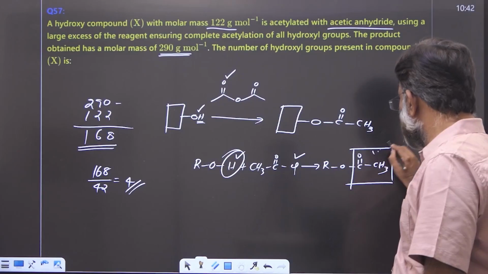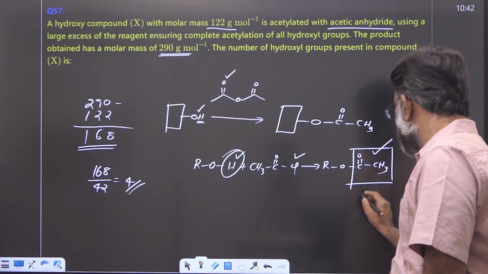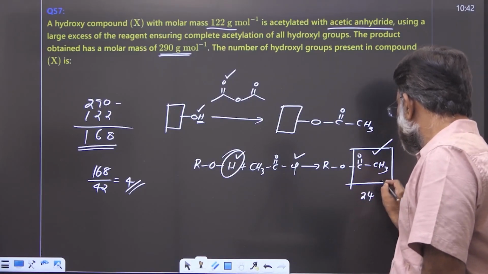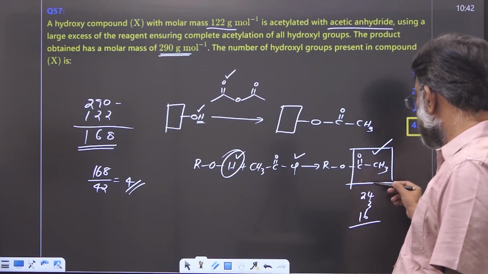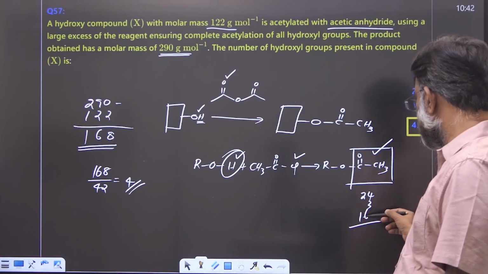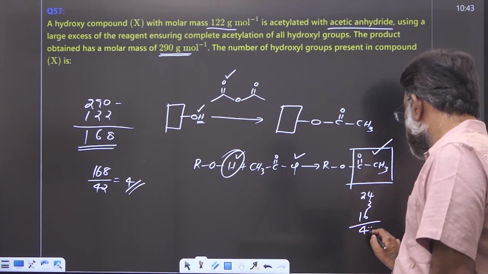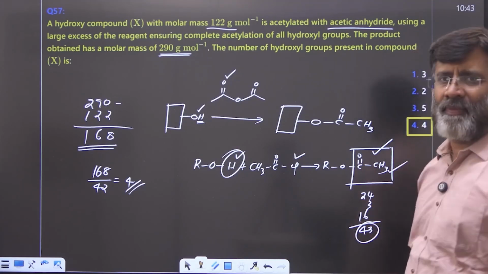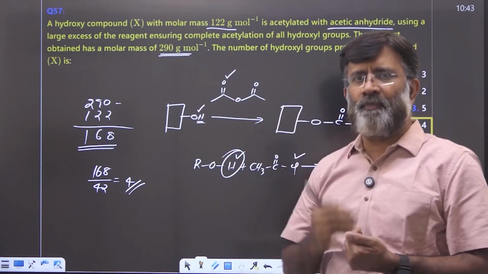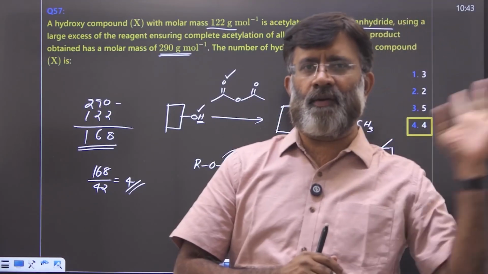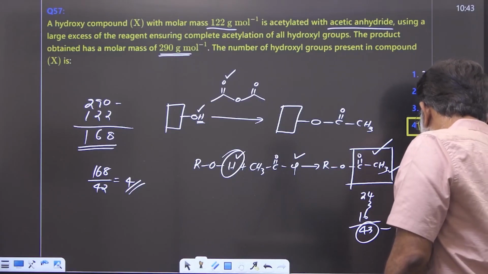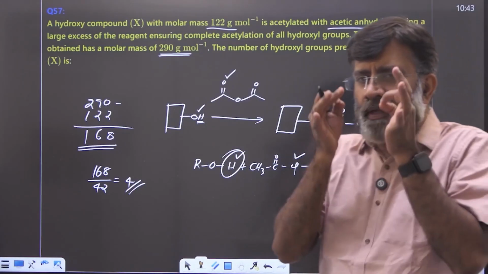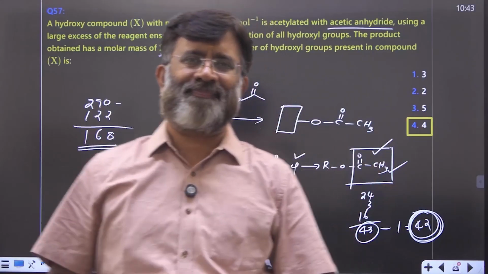What is the mass of this group? 2 carbons, 24, 3 hydrogens, 3, and 1 oxygen, 16. Total 43. The mass of the incoming group is 43. One hydrogen gone, subtract 1. So 42 is the difference for each acylation.